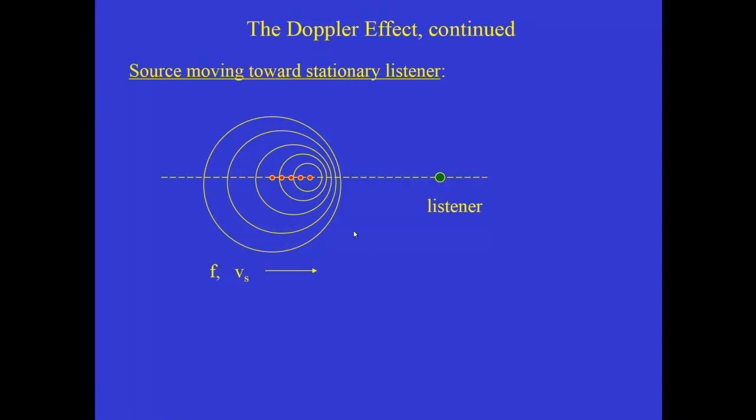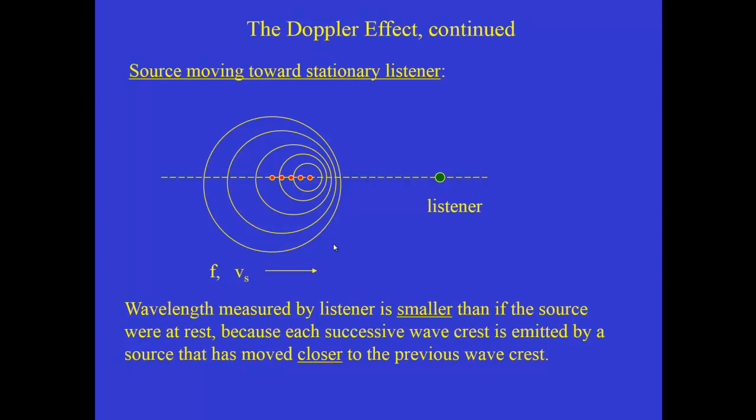So the effect is, as you can see, that since the source moves to the right as it's emitting these waves, the wavelength, which is the distance between these wave crests, gets smaller in front of the source and larger behind the source compared to the way it would be if the source were just at rest.